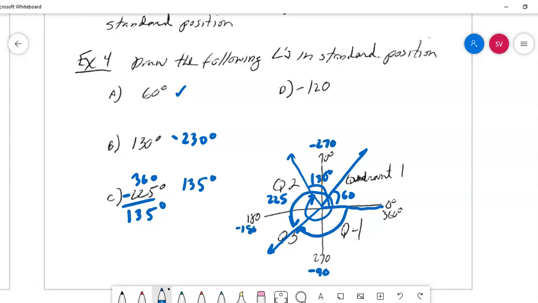It all depends on the direction you want to go. So minus 120 will bring me somewhere here. That's minus 120. If I wanted to go in the other direction, my coterminal angle would be 240 degrees. So that's how that works. I hope that makes sense.